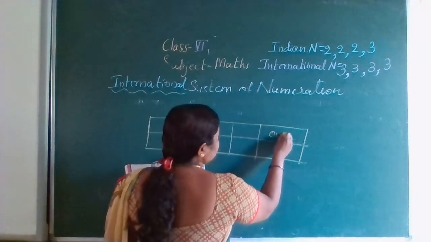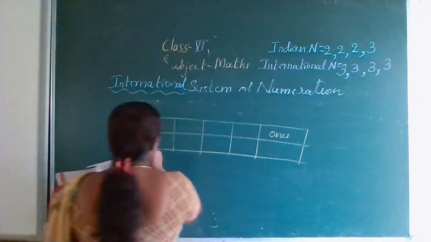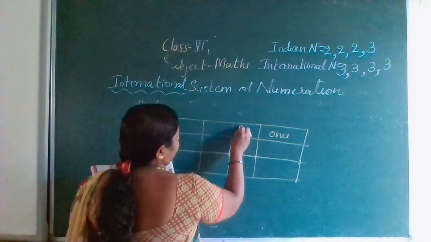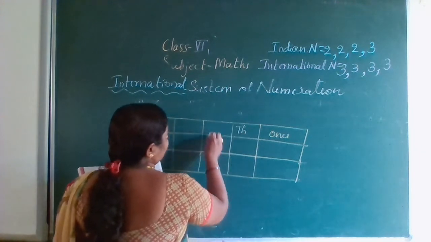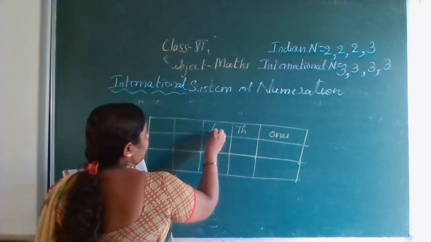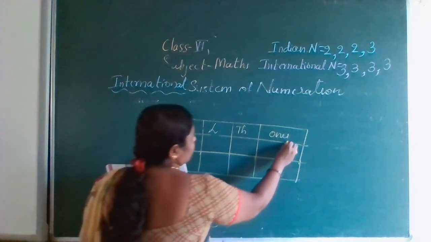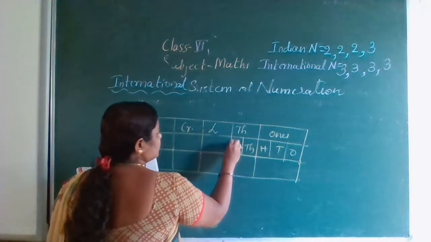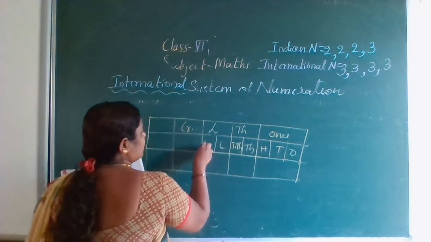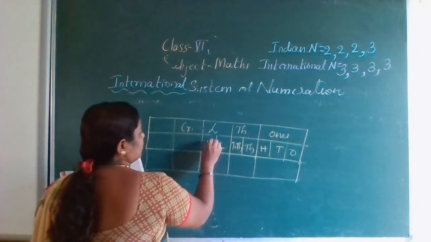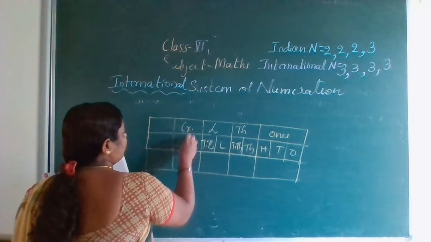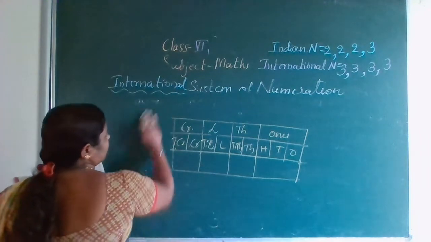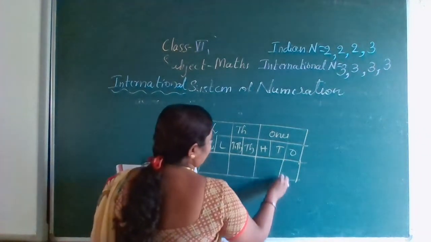This is ones, thousands, lakhs, and this is crore. Here we will get ones, tens, hundred, thousand, 10,000, lakh, 10 lakh, crore, 10 crore. Here you should write the numbers.